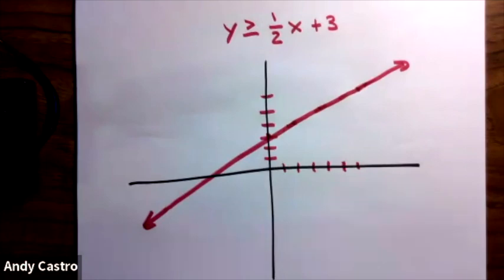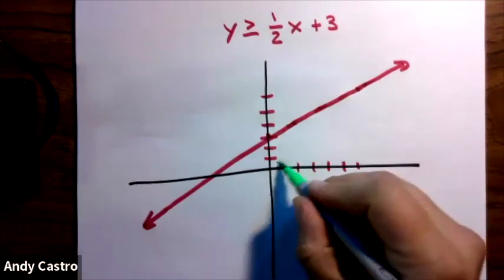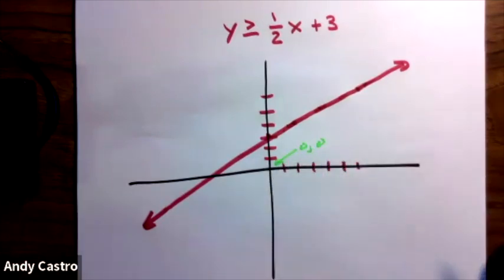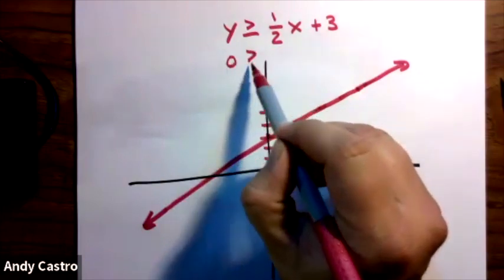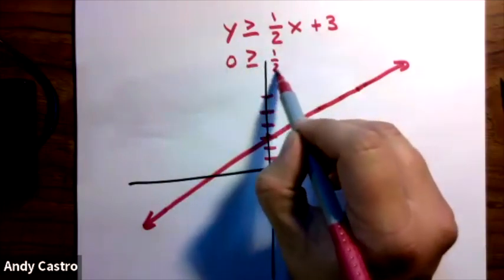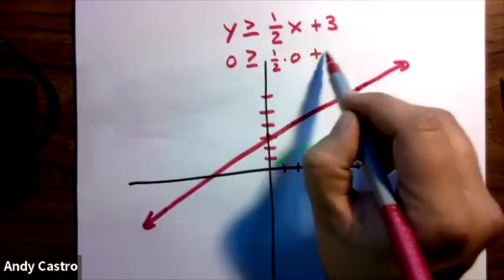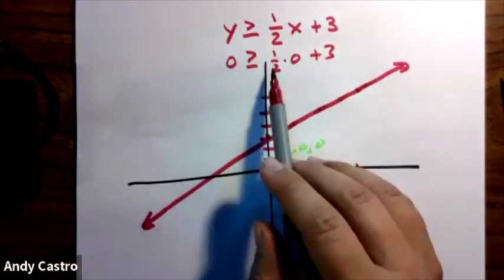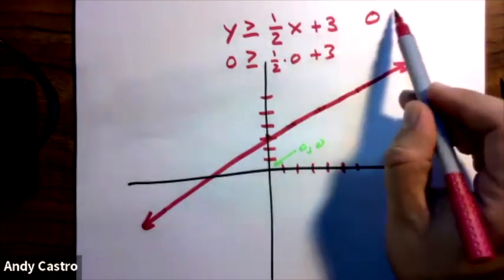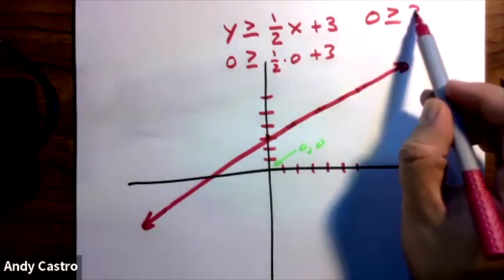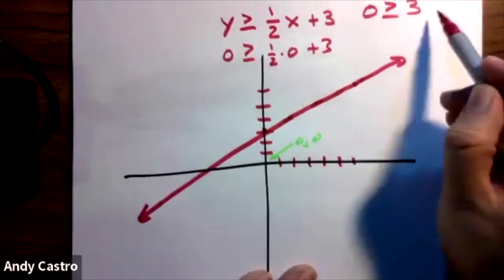Okay, so let's plug in the point 0, 0. If we do that, we have 0 greater than or equal to 1/2 times 0 plus 3. 1/2 times 0 is 0. 0 plus 3 is 3. 0 is greater than or equal to 3. And that is true.